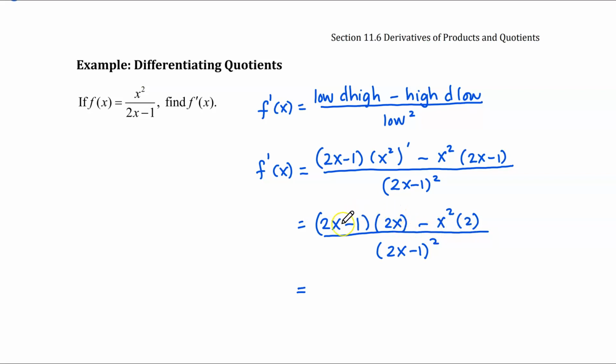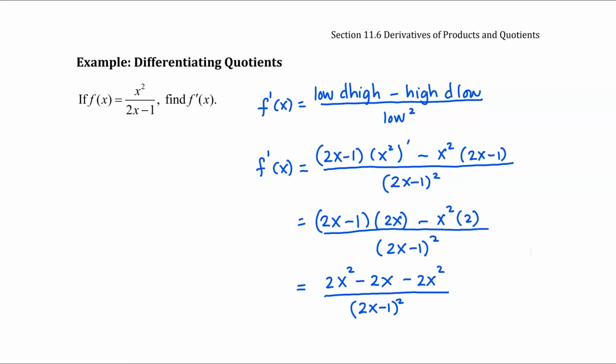So distributing 2x inside the parentheses, you have 2x squared minus 2x, and 2 times x squared is minus 2x squared, divided by 2x minus 1 quantity squared. Now 2x squared minus 2x squared is equal to 0.